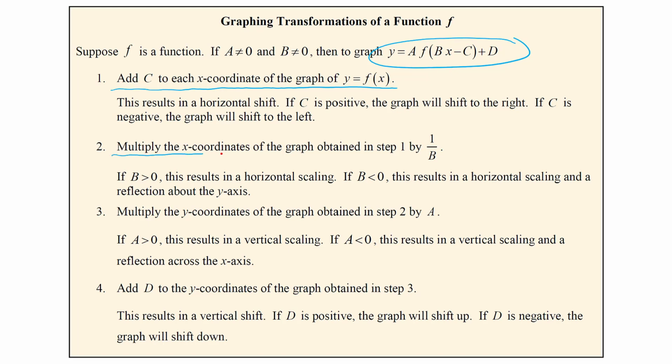Secondly, we multiply the x coordinates of the graph obtained in step 1 by 1/b. Thirdly, we multiply the y-coordinates of the graph obtained in step 2 by a, and then last we would add d to the y-coordinates of the graph obtained in step 3. And going through these steps actually takes care of reflections as well in steps 2 and 3, so we don't need to mess with reflections separately here.